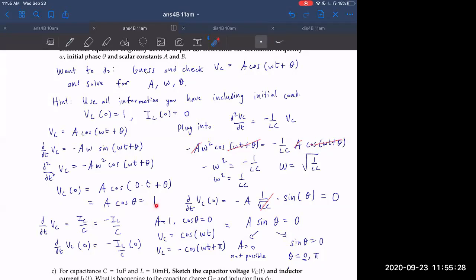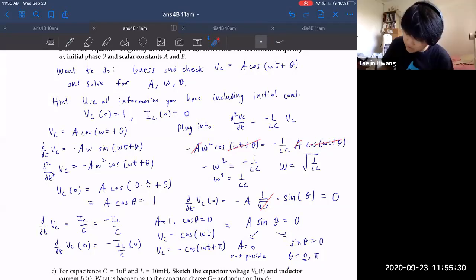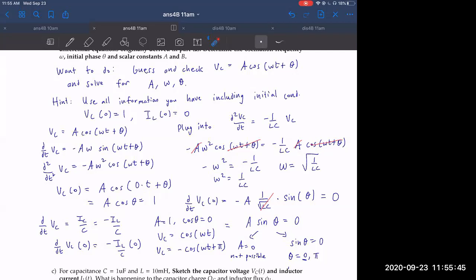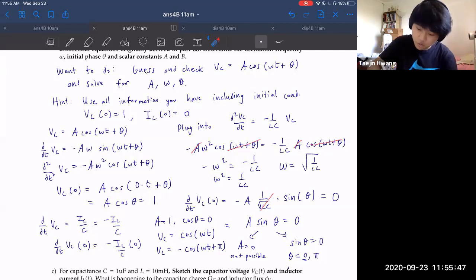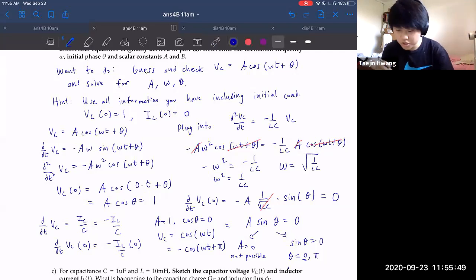A would be -1 and theta would be pi, right? As I kind of wrote here. But these two expressions are equivalent due to trigonometric identities. If you take cosine of x plus pi, that's equal to negative cosine of x. Oh, okay. Yeah. So these two are equal. Yeah, that was a good question.